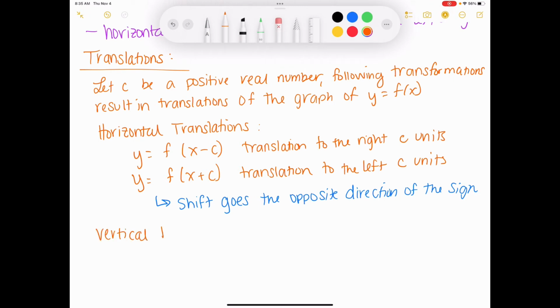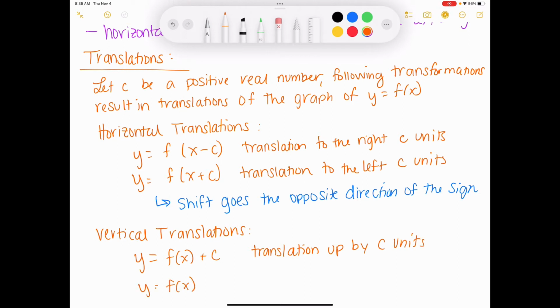Vertical translations. y is equal to f of x plus c is the translation up by c units, and y is equal to f of x minus c is the translation down by c units.